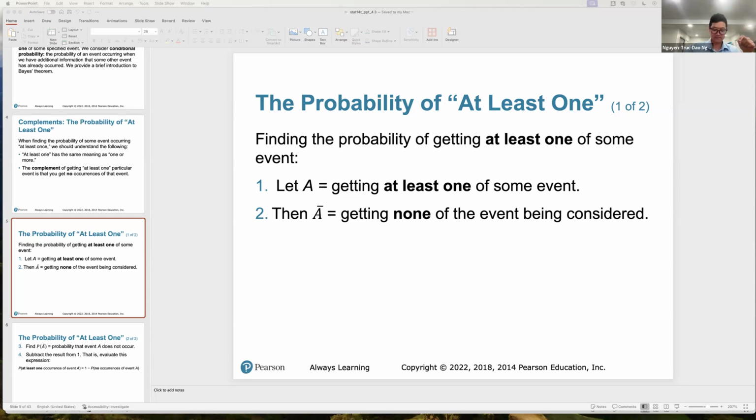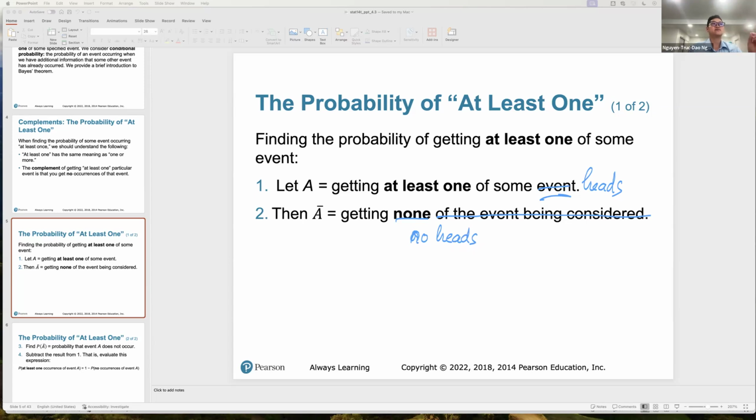Let A be the event of getting at least one heads, and A bar is the event of getting no heads. Do you agree with me? So for the event A complement, it's going to be all tails.